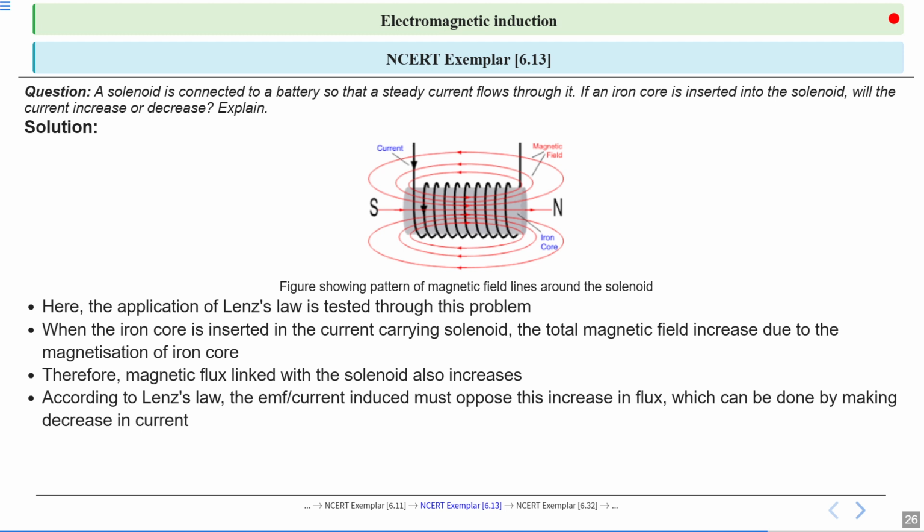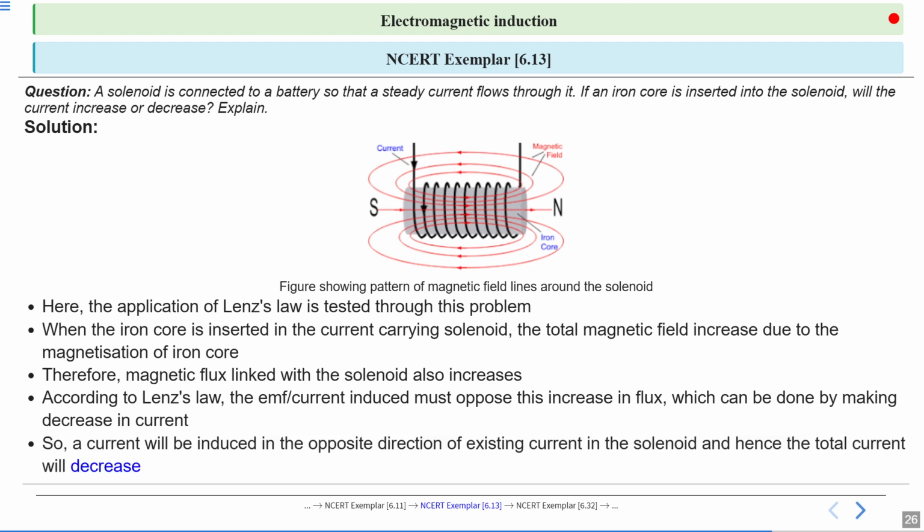Okay, so how can the EMF induced in the solenoid oppose the increase in flux? By inducing the EMF in the opposite direction of the existing current, due to which the current will decrease in the circuit and the magnetic field will also decrease.